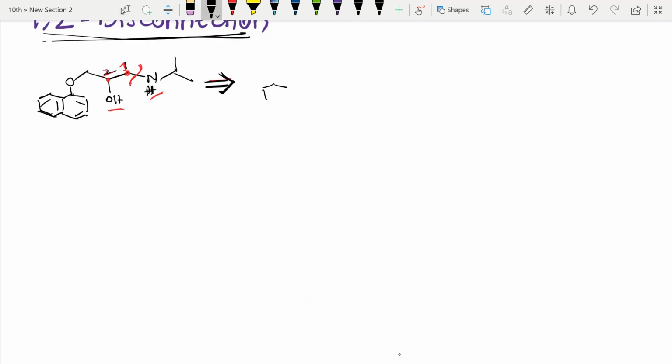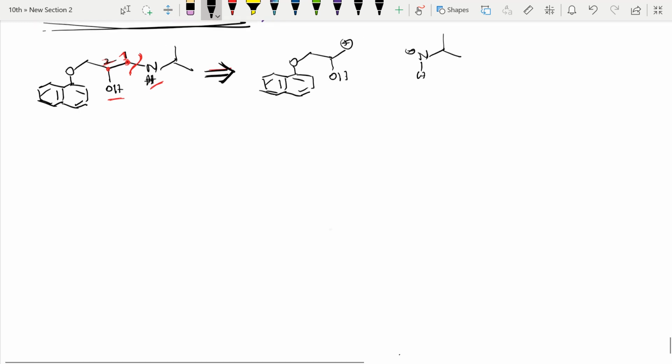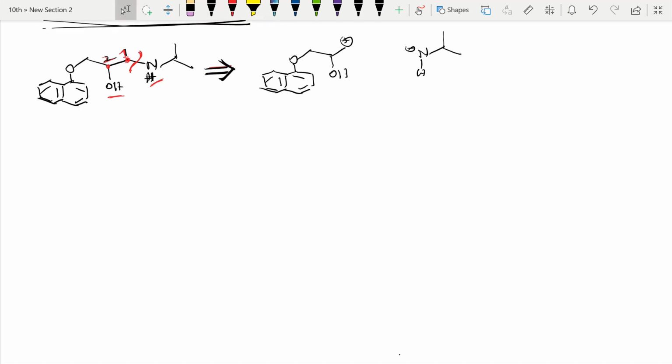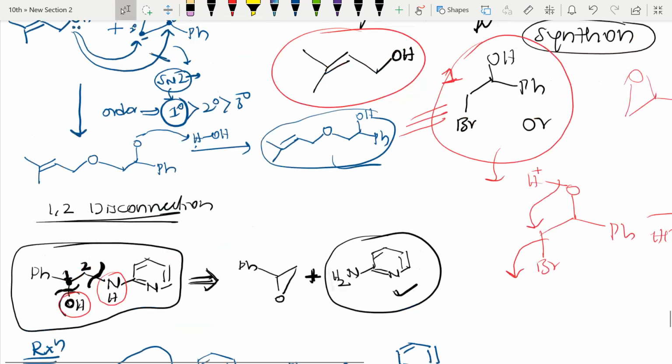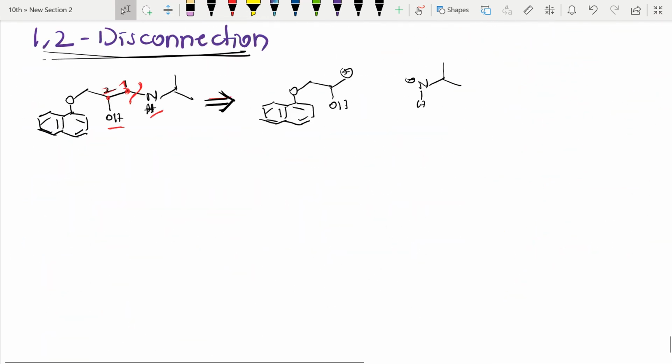So what happens, see here, other things as usual, O is there, CH2, CH2, OH, and here this carbon gets positive charge and nitrogen gets negative charge. I have told, instead of writing these positive and negative intermediates, I can directly write the equivalent reagent, right?